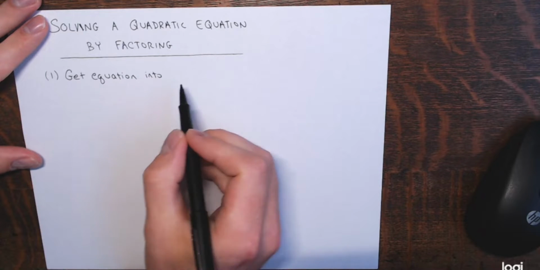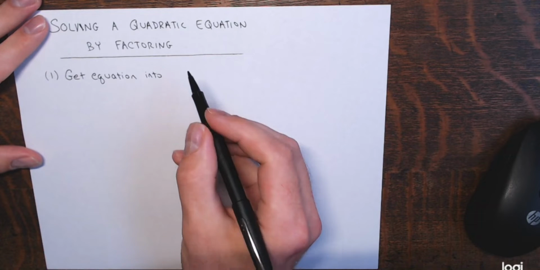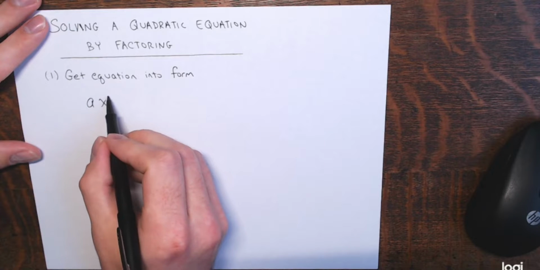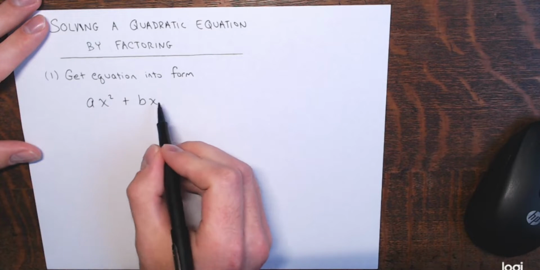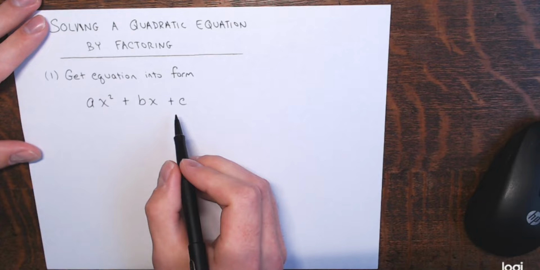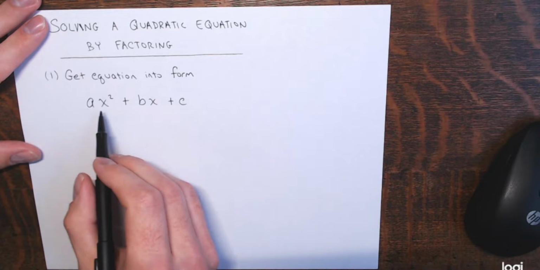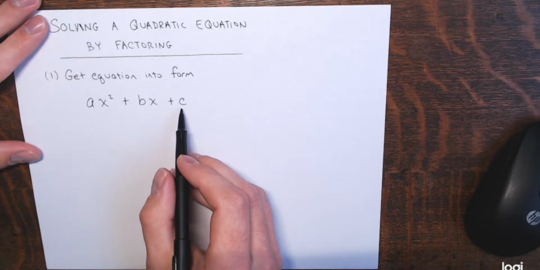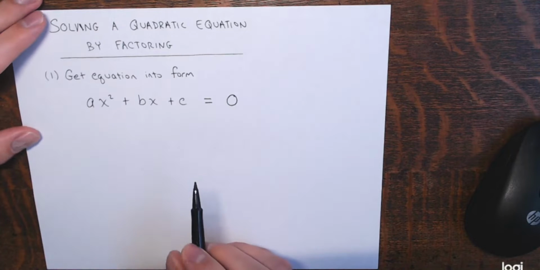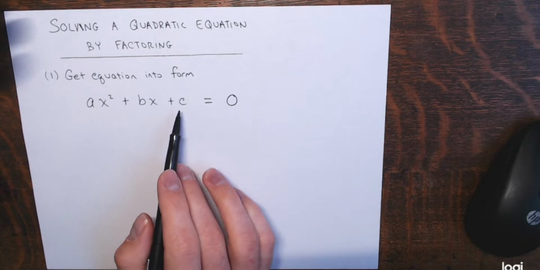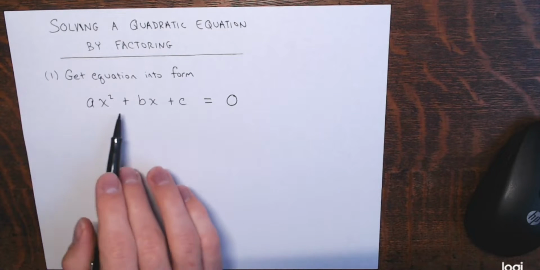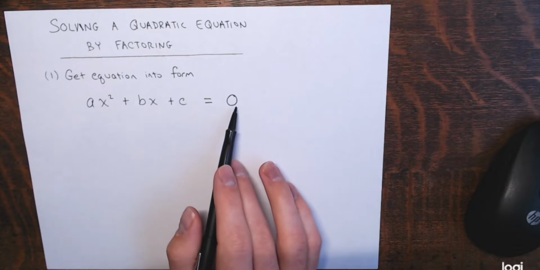So you're going to be adding and subtracting terms to both sides until it looks like this. Ax squared plus bx plus c, and this should be familiar to you. Alright, this is the typical quadratic polynomial with one variable. A, b, and c are just numbers, right, just coefficients, equals 0. So you do things to multiply out and add and subtract terms, get everything to one side, 0 on the other. So you have a quadratic polynomial in standard form on one side, 0 on the other, okay?